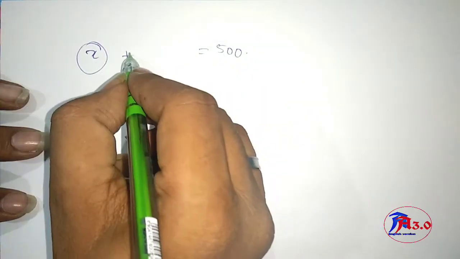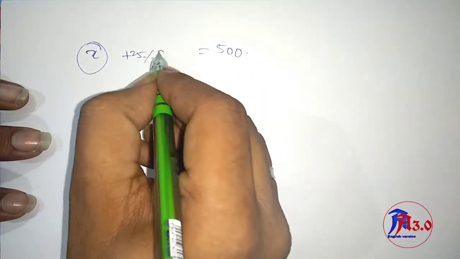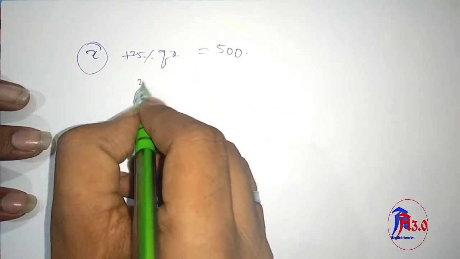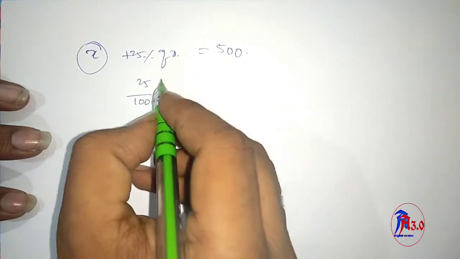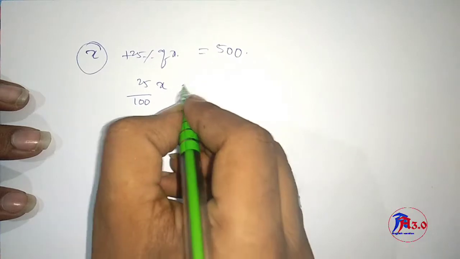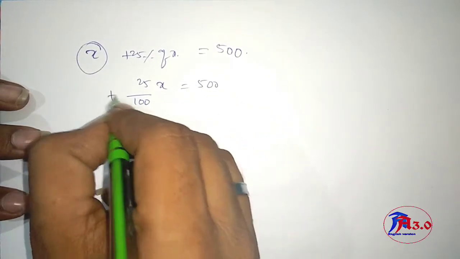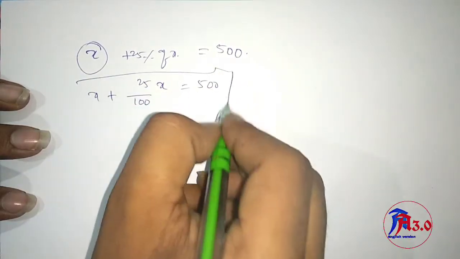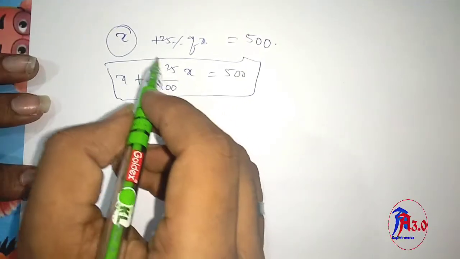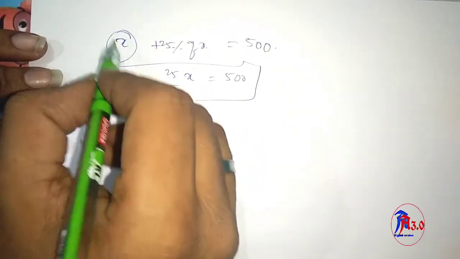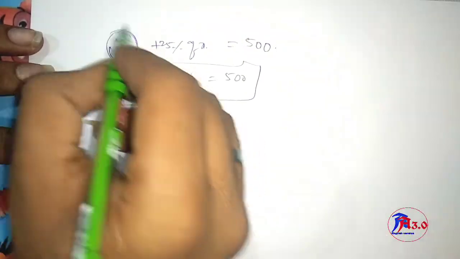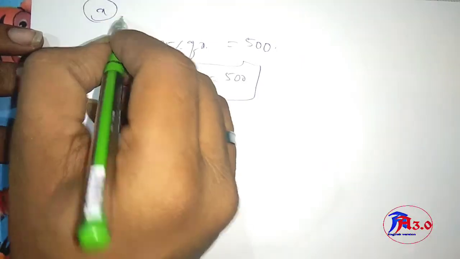So what is the 25 percentage of x? 25 percentage of x, 25 upon 100, x equals to 500. This is the number we required. Actually what he is asking about is the original number which we supposed as x.